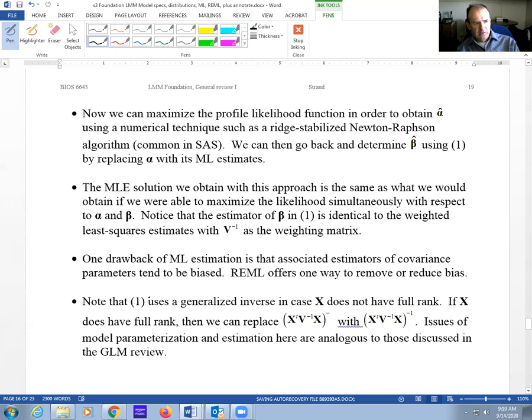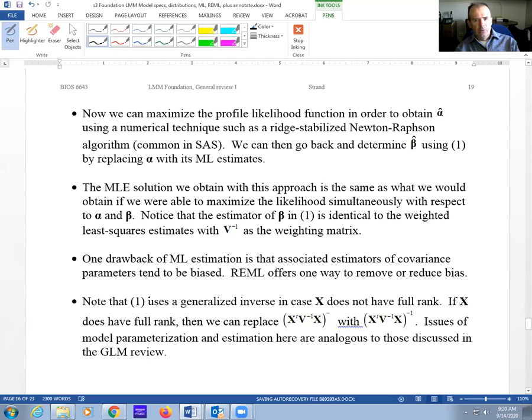And then you can stick those estimates back into that formula we have for beta hat. But that approach that's normally taken is the same as if you just simultaneously maximize the likelihood with respect to our alpha and beta parameters.